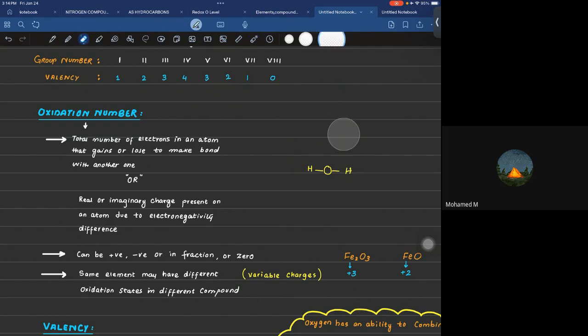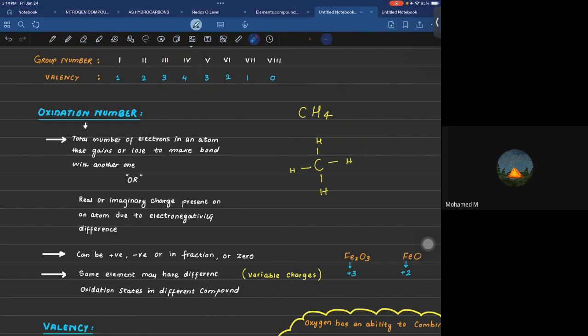Not only this, if you remember the formula for methane, that was CH4. CH4 means that carbon has four single covalent bonds. It means that carbon is in group 4 of the periodic table.